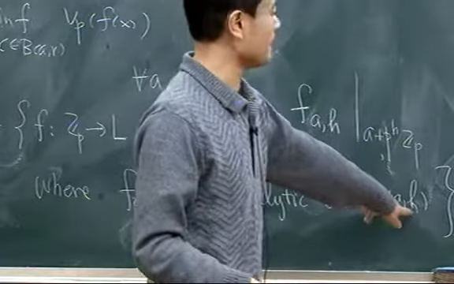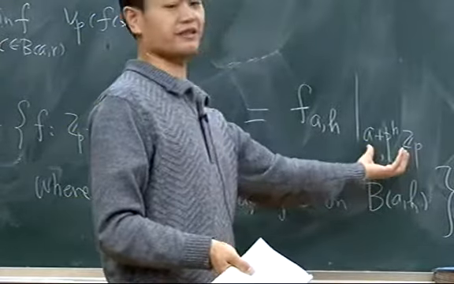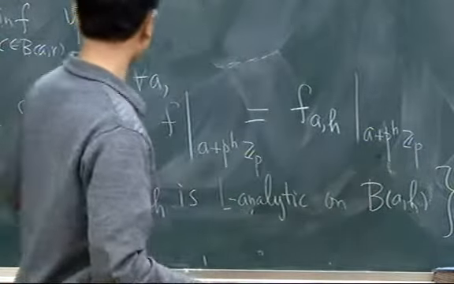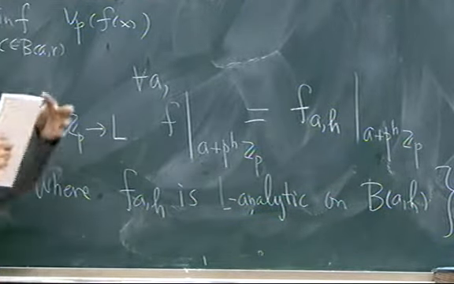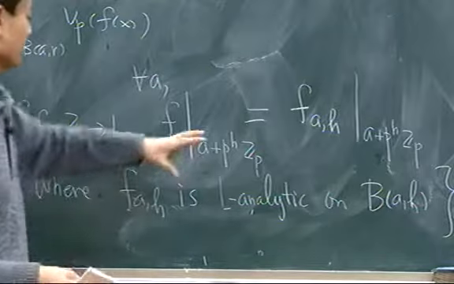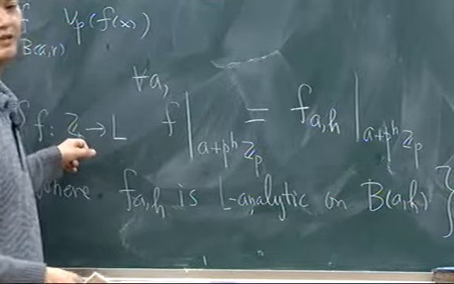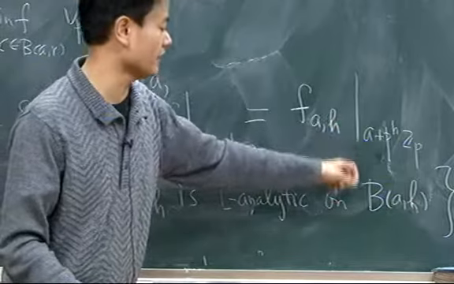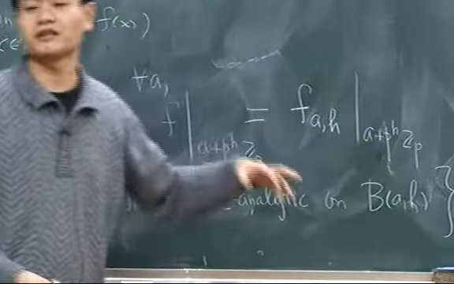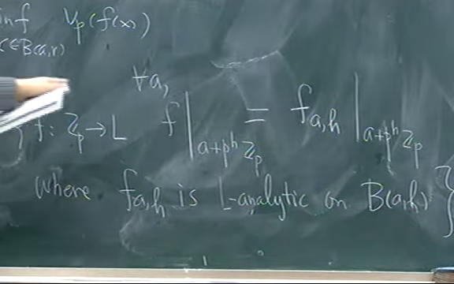You should know this B_{a,h}, this ball, is in C_p, so it's much bigger than this. This looks like gluing together pieces of analytic functions, but you only define this function over Z_p. For this f_{a,h}, you always define it over the ball, so the domain is much bigger. So this is for any a.